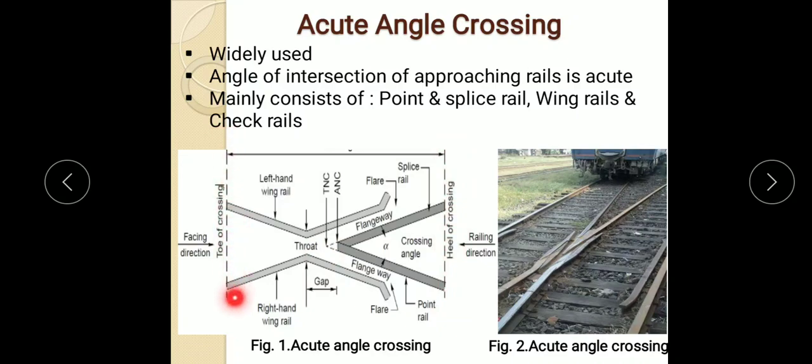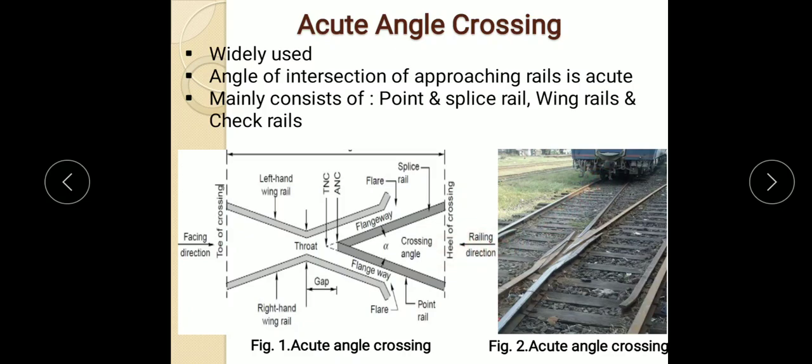This portion is called the throat, and figure 2 shows the actual track in which the rail is moving. So this is the running direction.